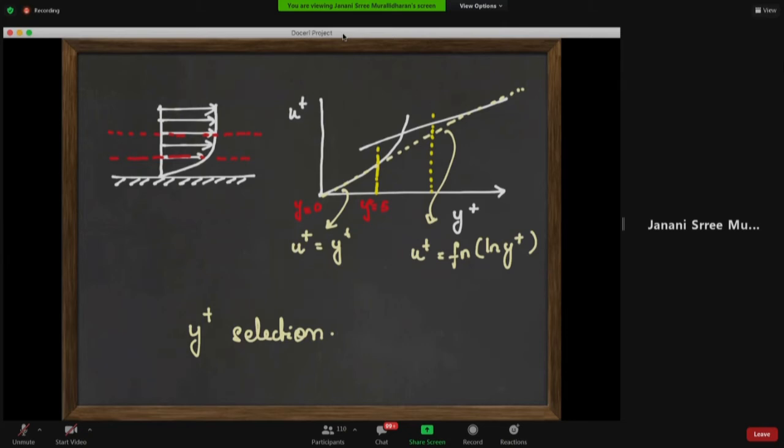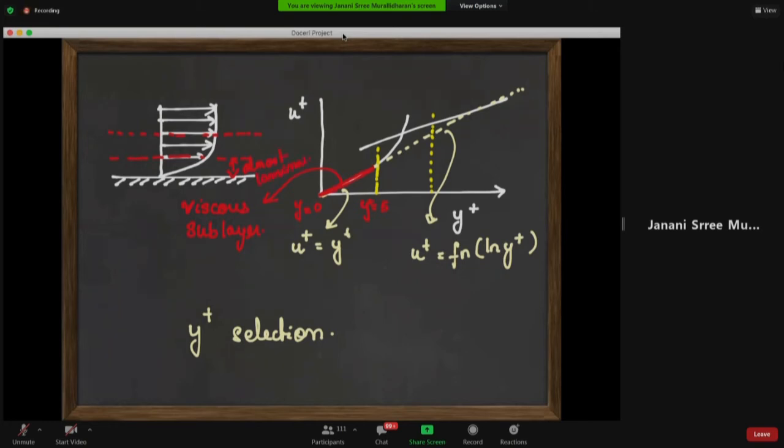So right near the wall, it observes that the behavior is almost laminar. So this first layer is called the viscous sublayer or the laminar sublayer. Essentially you're saying right near the wall, the fluctuations are not a lot and the flow is almost laminar.